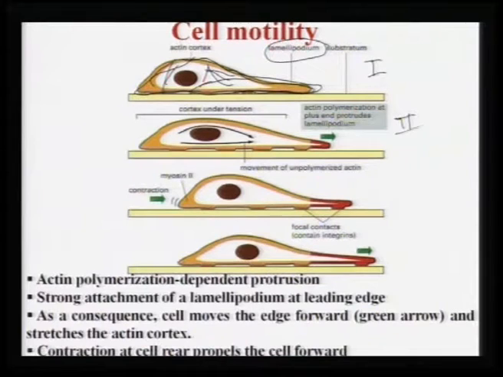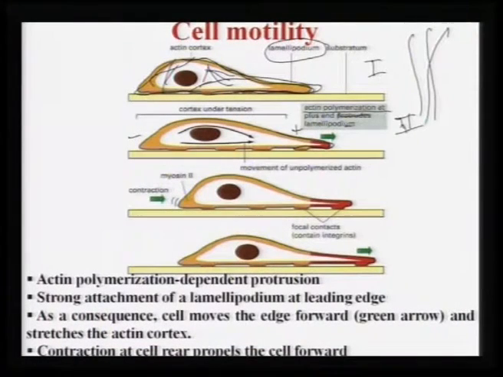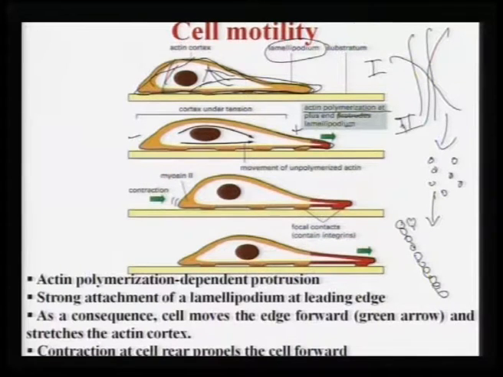In stage 2, you see that actin repolymerization takes place at the plus end. There is a polarity difference, plus and minus, and that protrudes the lamellipodium. So, at the leading edge of the cell, more actin polymerization takes place. If you remember, actin polymerization means there are a large number of actin filaments. When they depolymerize, they form small monomer units, and these monomer units can again come and repolymerize to make a larger structure.